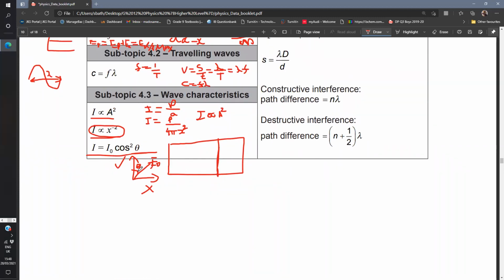Basically, you're going to see what is the intensity of light that's going to be transmitted to the other side. So using the vectors, you're going to establish that E, the amplitude that is transmitted, is going to be E naught cosine theta. And also, you need to know that I is equal to K E squared.